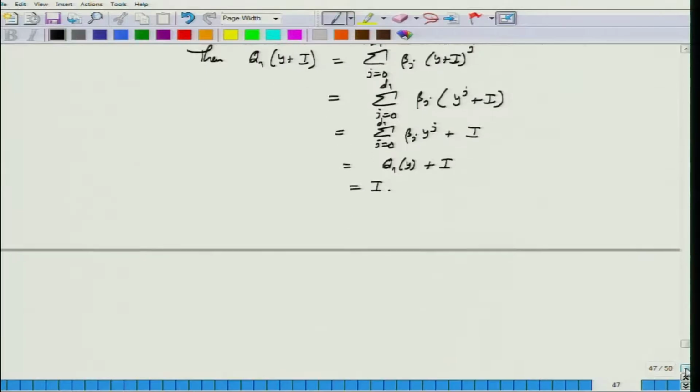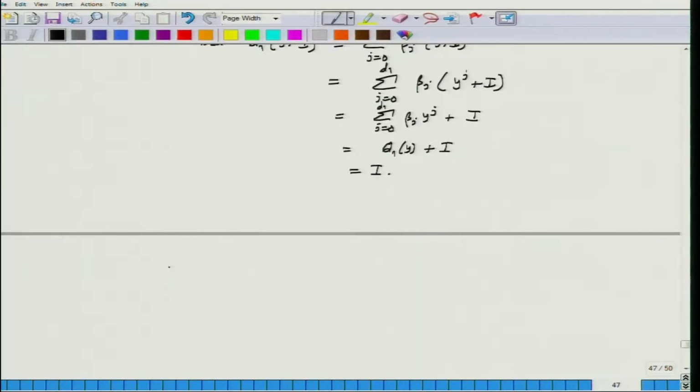Okay? So therefore we conclude that Q1 has a root in f hat, which means Q1 is no longer irreducible in f hat.